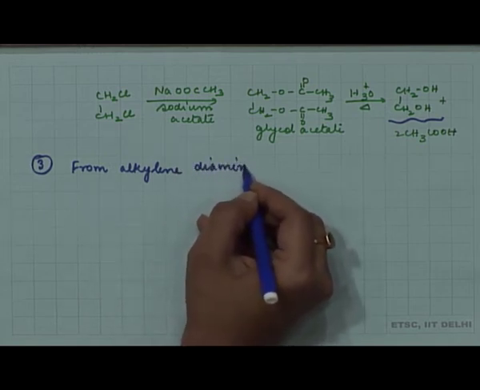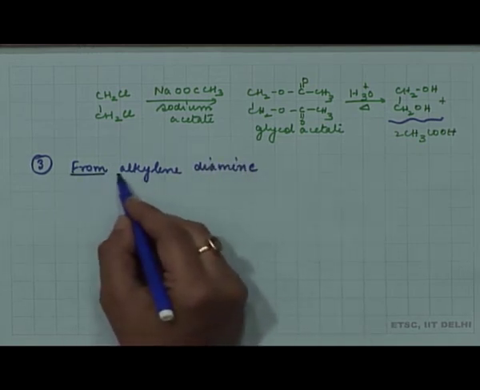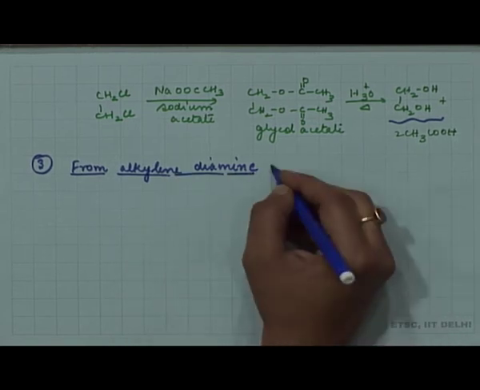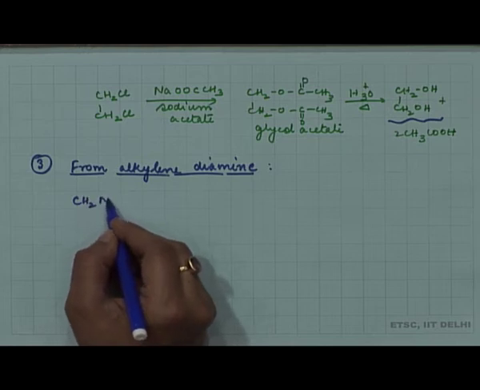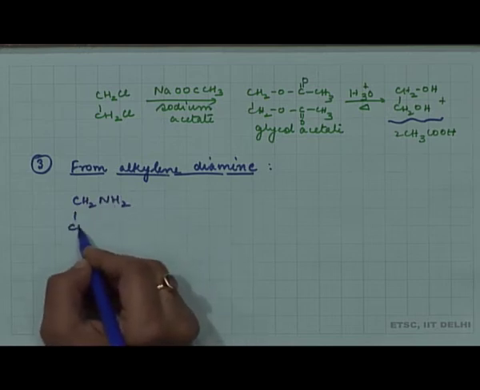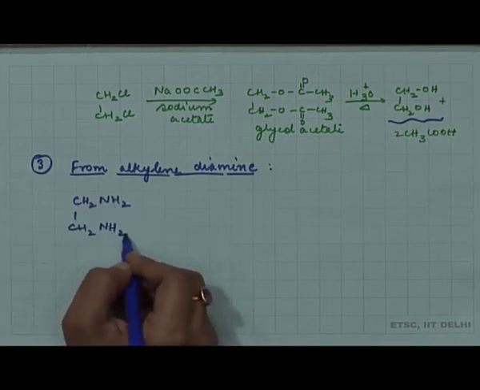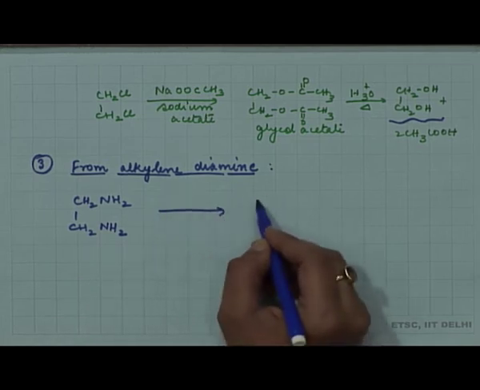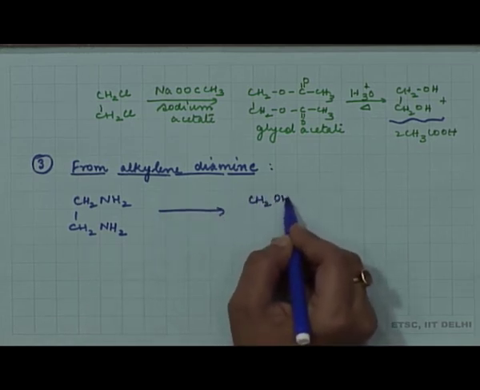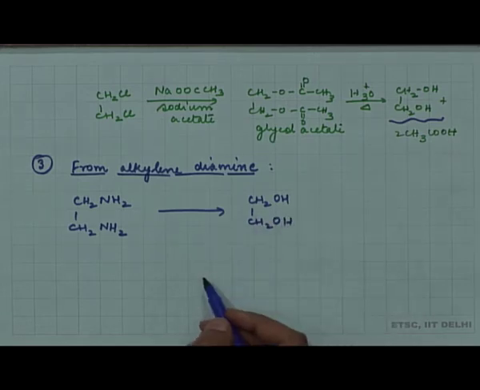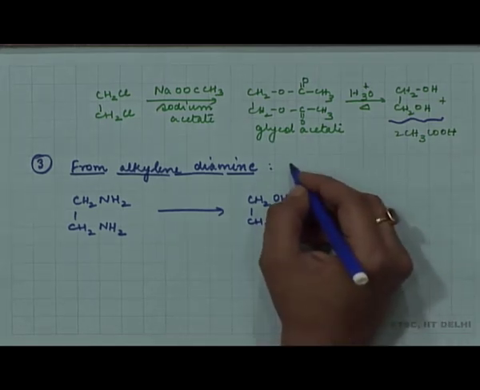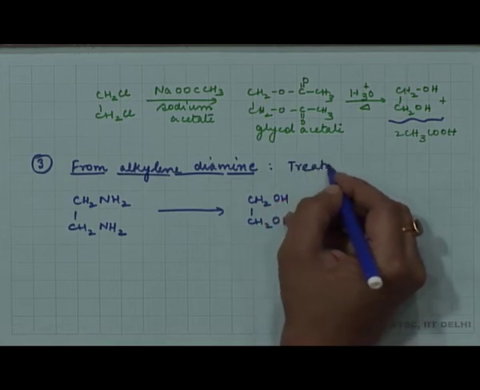The third substrate from which you can get the diols is alkylene diamine. So, we started with alkenes, then alkyl halide, and now alkylene diamines. You have to convert this into a diol. What reagent should we use? We treat this with nitrous acid.